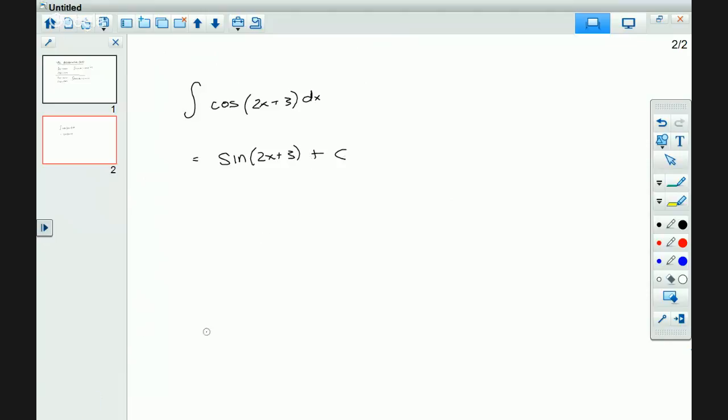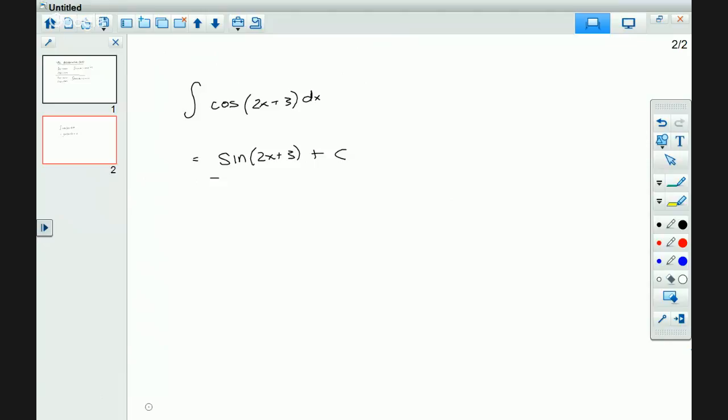But we're missing something right here. On these ones you have to think backwards. What is the derivative of sine? Cosine. Copy the inside, and then you have to take the derivative of the inside, the chain rule, times 2.